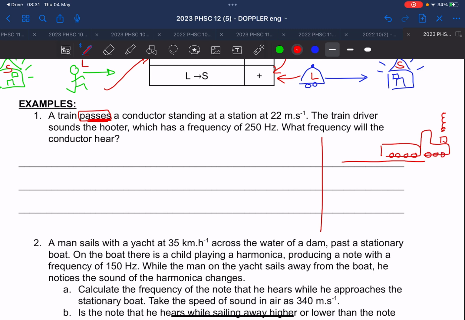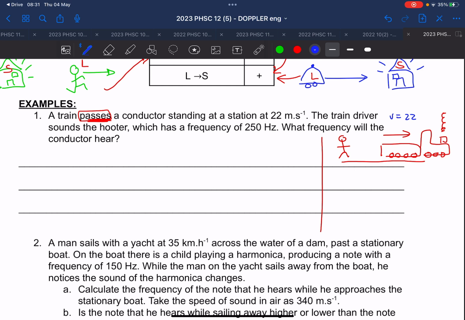There goes the train, and there is my conductor. So the train has passed the conductor. The speed of the train is 22 meters per second, they tell me.